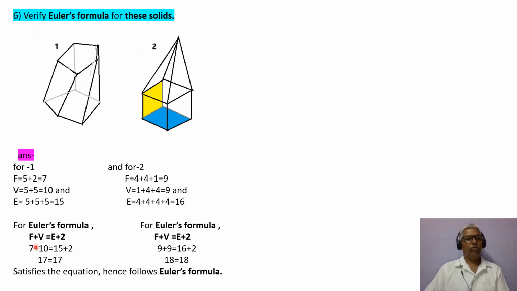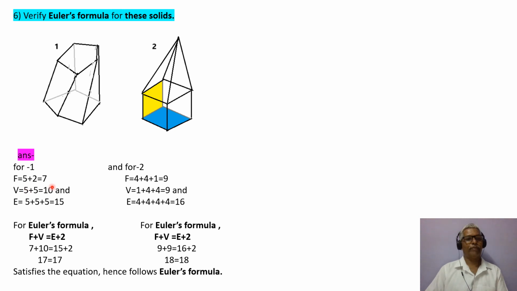You know, this is Euler's formula, F plus V equal to E plus 2, where F stands for number of faces, V for number of vertices, and E for edges. Okay, so the answer for the first one: F is the number of faces, 5 faces on the sides and 2, top and bottom.